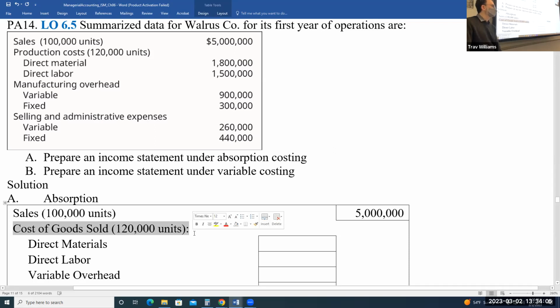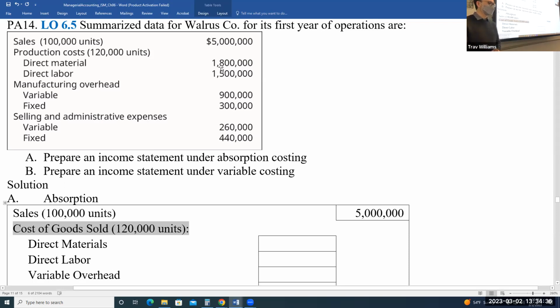Well, they didn't sell 120,000, they sold 100,000, right? So what we have to do here is figure out the costs of producing 120,000 units, but then figure out the costs of the 100,000 that got sold. Because the other 20,000 are still sitting in ending inventory, they didn't get sold. That's what's a little different in this scenario.